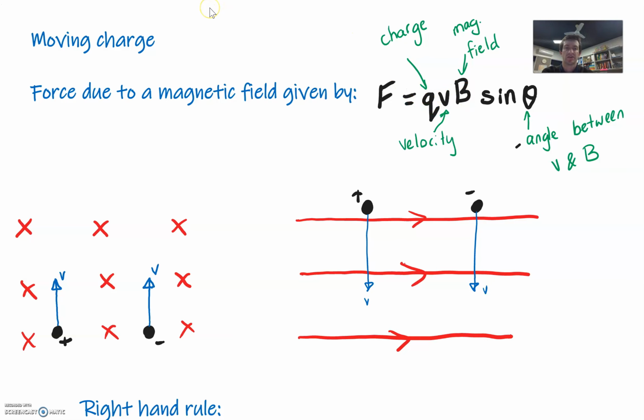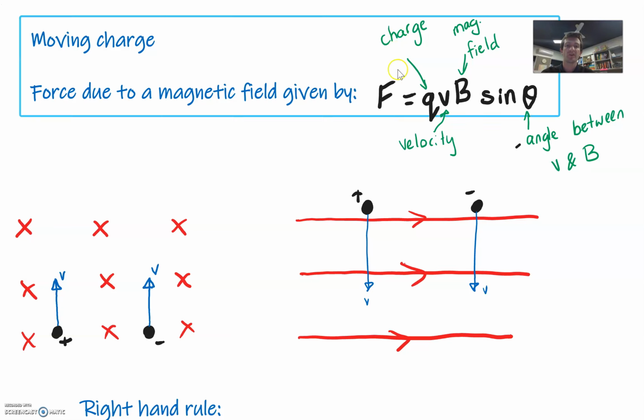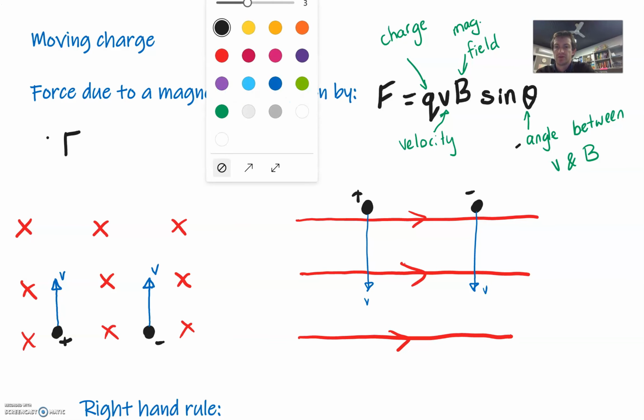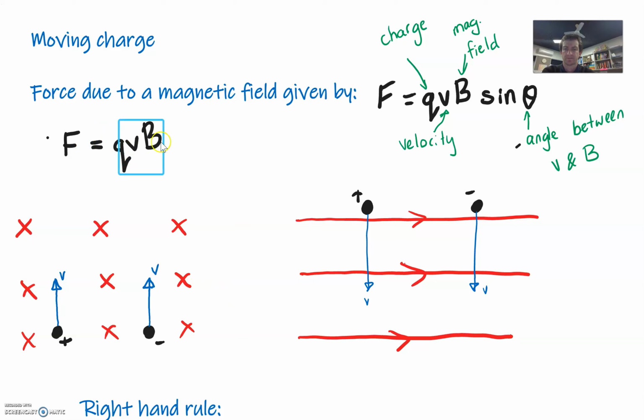So if the velocity is at right angles to the magnetic field, we get a force equal to QVB, and we don't need to worry about the sine theta bit. So in this example, if I were to calculate the force, it would be equal to QVB.